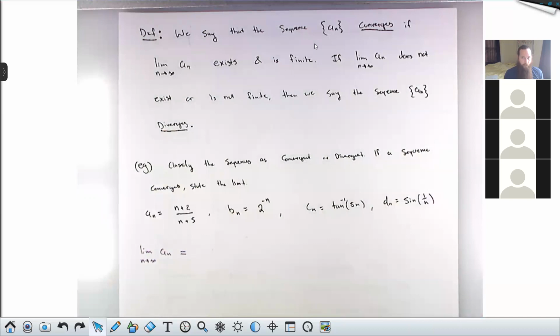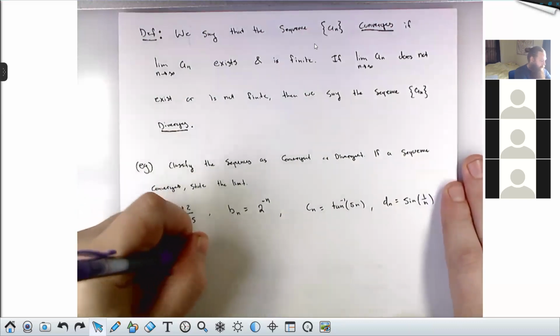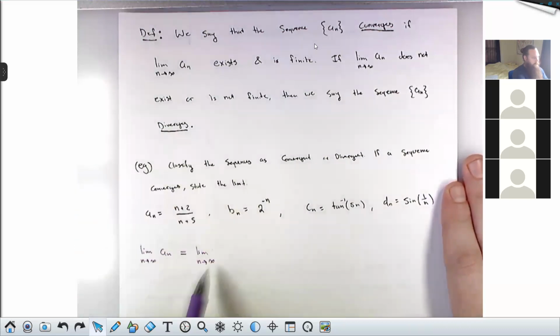You need to use good notation. Don't leave off your limits. It's so important, especially as we move into series after this. So write the limits, write the symbols, don't omit anything.